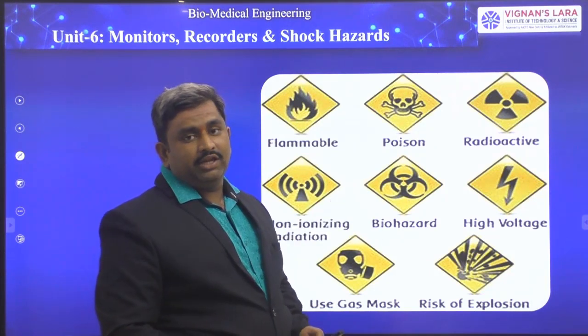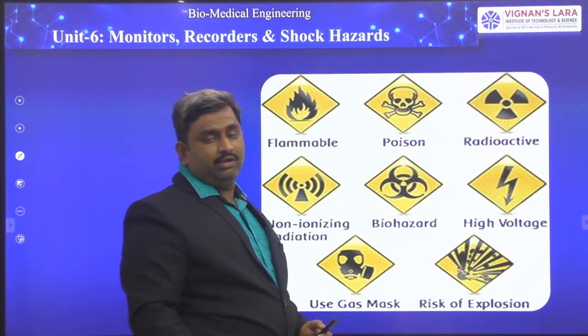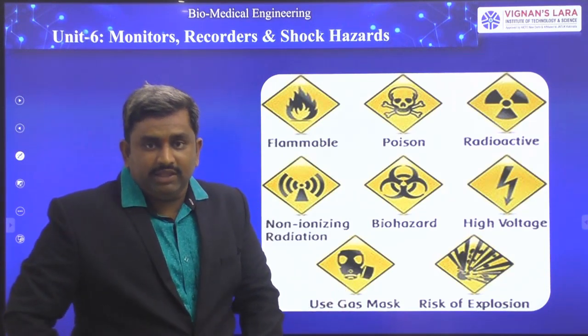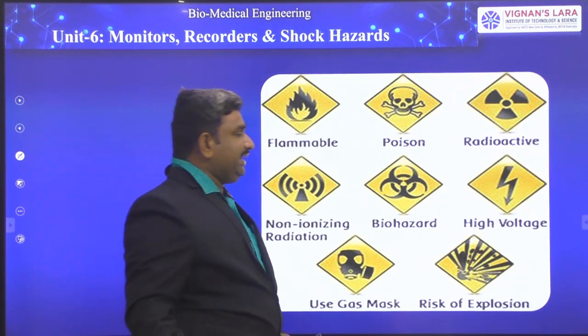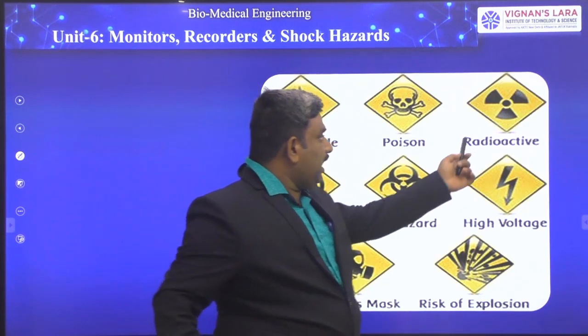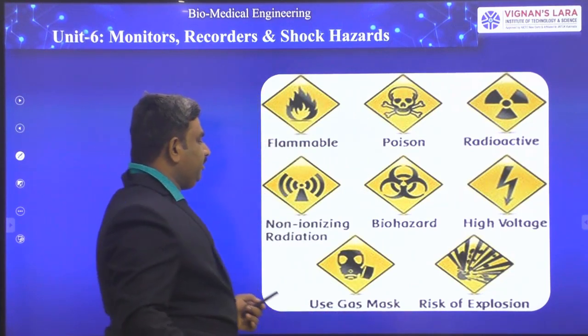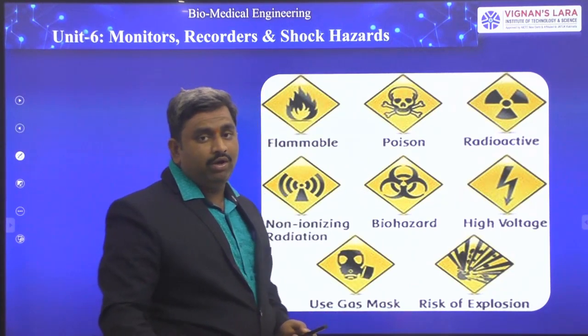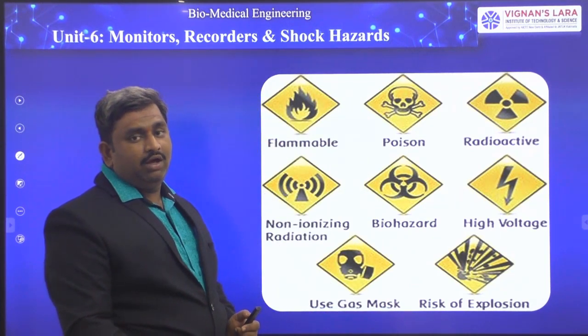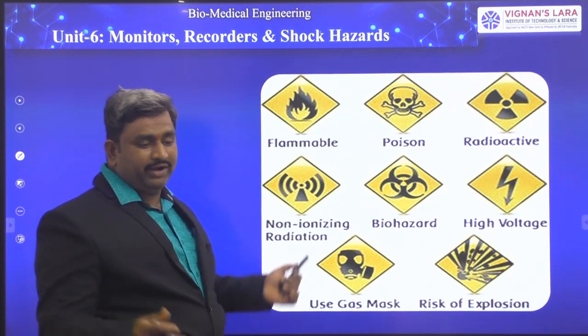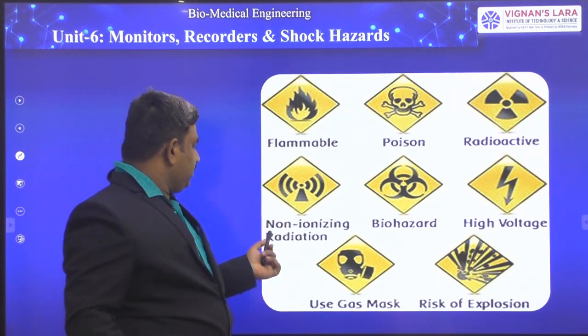Next, poison. That means some liquids are available here that may cause death because of their poison. And this symbol represents radioactive elements available there. For that reason, you have to wear a sufficient protective suit.